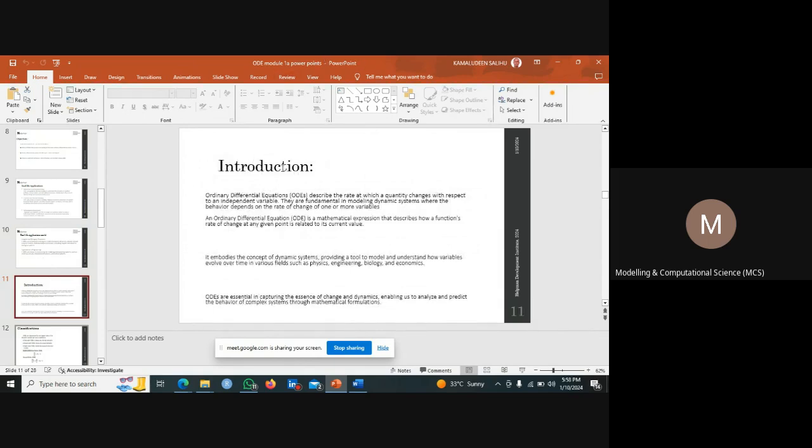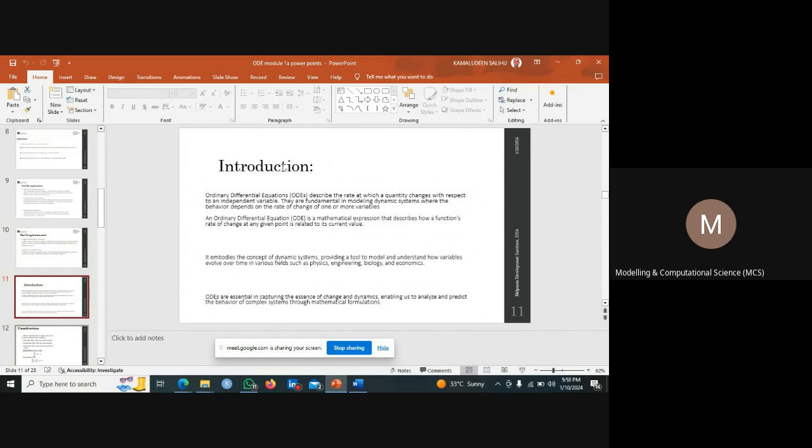So then, introduction. Ordinary differential equations describe the rate at which a quantity changes. When we say ordinary differential equation, that means there are still other differential equations apart from ordinary, which is very true. We also have partial differential equations. We have homogeneous, non-homogeneous, linear, non-linear, and so on.